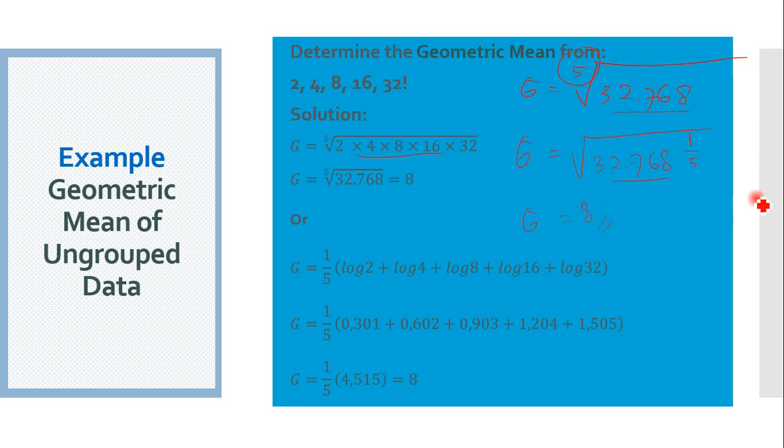You can check it in your calculator with this step. Try to calculate it in your calculator by this step.